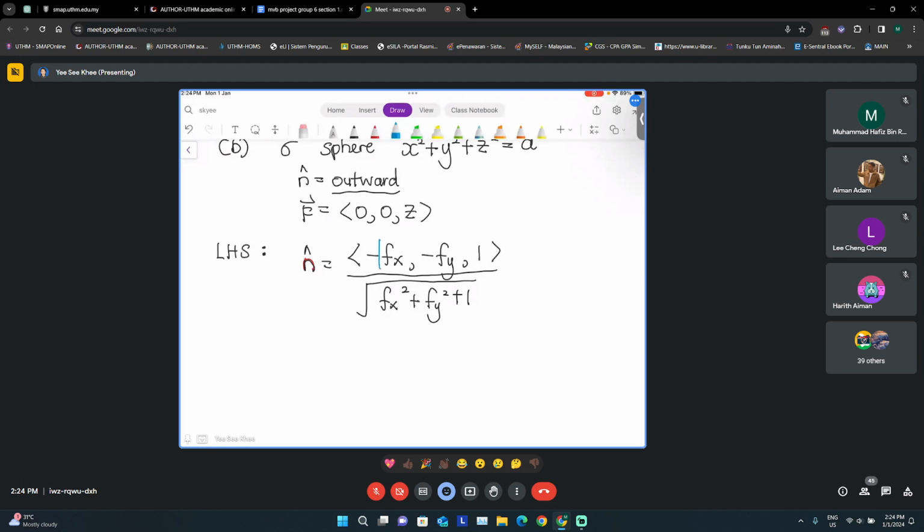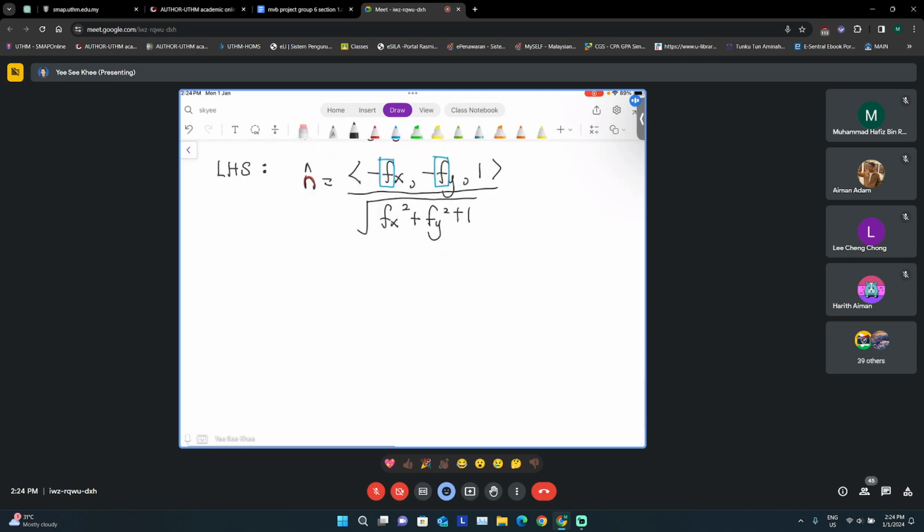Next is to find the f, because we need to perform differentiations. So what surface do we have? We have a spherical surface where z equals the square root of a squared minus x squared minus y squared.